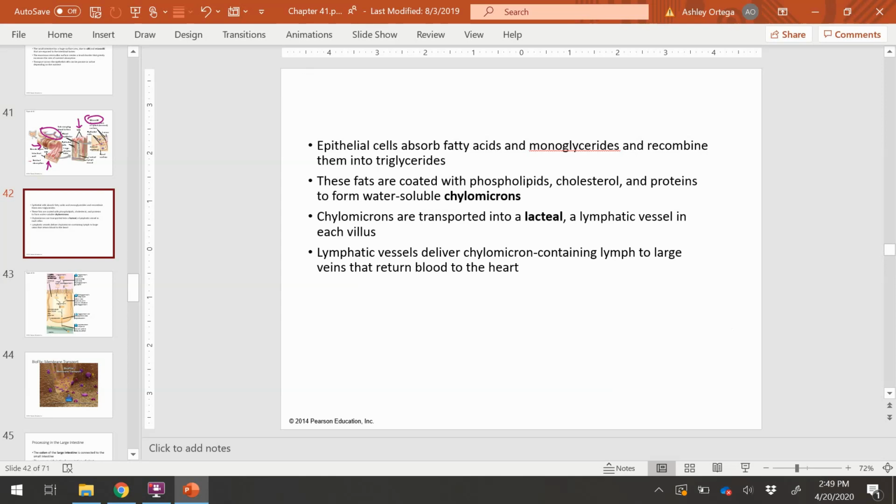Then they're moved into the cell, and from there they're recombined back into triglycerides. Then they form larger structures called chylomicrons, which are then transported into the lymphatic vessel, the lacteal. This will then go to large veins that return blood to the heart.